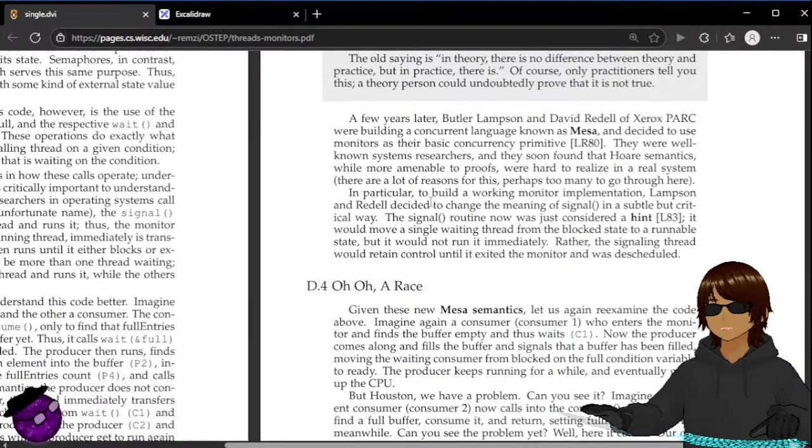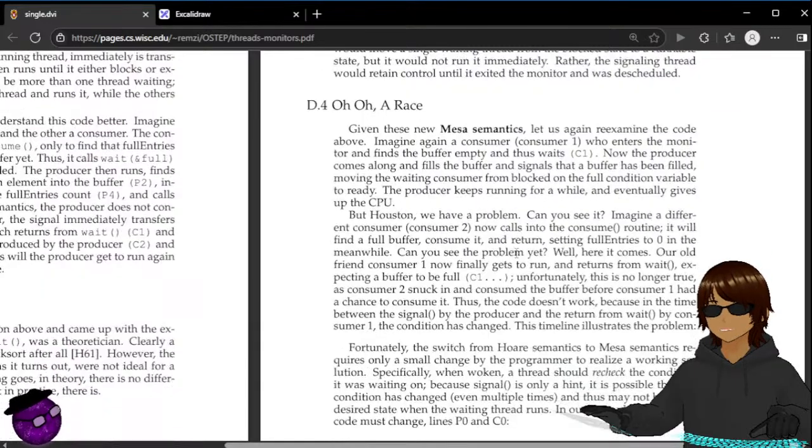In particular, to build a working monitor implementation, Lampson and Redell decided to change the meaning of signal in a subtle but critical way. Signal was now considered just a hint. It would move a waiting thread from a blocked state to a runnable state, but it would not run it immediately. Rather, the signaling thread would retain control until it exited the monitor and was descheduled.